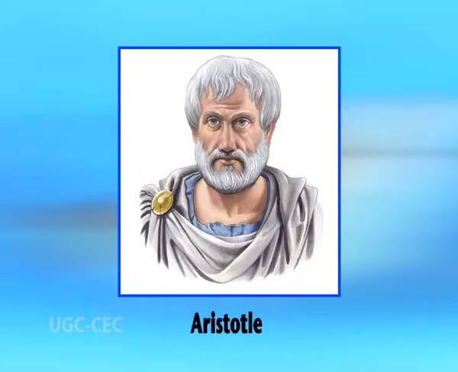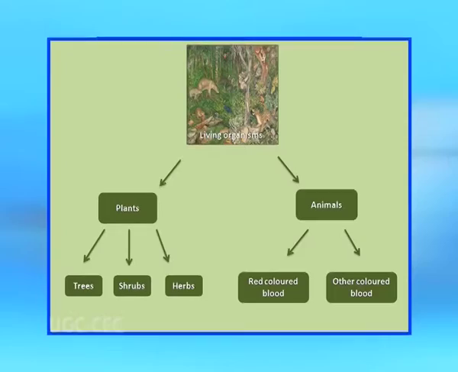Aristotle was the earliest to attempt a scientific basis for classification of living organisms. He used simple morphological characters to classify plants into trees, shrubs and herbs. He also divided animals into 2 groups, those which had red blood and those that did not.